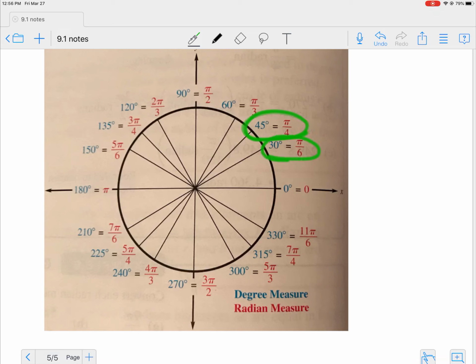Super common ones that we have. So we already did the 45 degrees to see that this is pi over 4, right? Your 30 degrees, your 60 degrees, all your quadrantals. So basically this is just saying, here I have my 30 degrees here, and I have 30 degrees up here, right? And then here I have this 60 degrees and 60 degrees, of course the 45s, and that goes all the way around.